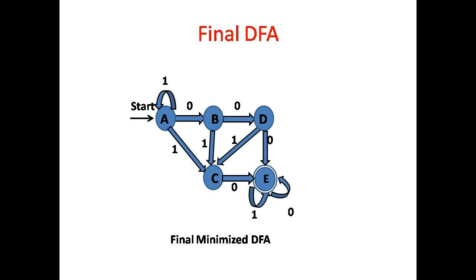We observe that this diagram has a unique transition for each input symbol, that is, inputs 1 and 0. There is only one transition. We call it a deterministic finite automaton.